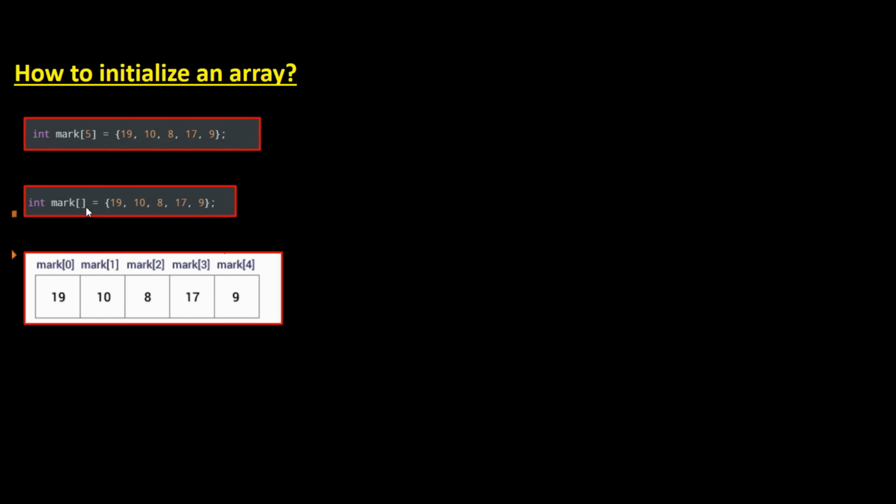Or we can just leave the size empty, and if we give the elements, we have 5 elements, and automatically the size will take the number of elements. As a result, we will get this array. So there are two choices: you can give the size of the array, or you cannot give it, because it will automatically be taken from the elements.